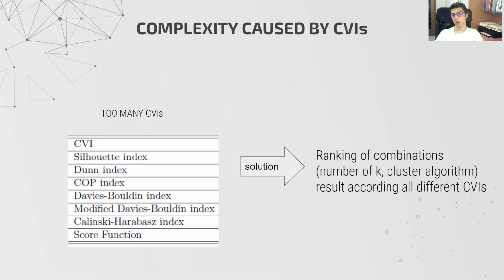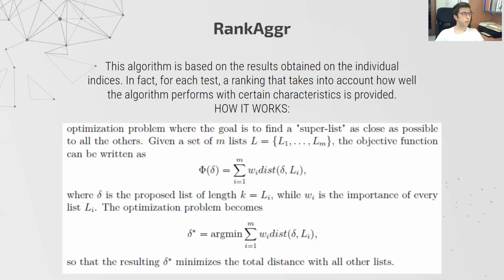This already existing algorithm compares every single list that can be created between all the different combinations and evaluates this distance, weighted with some weight W.